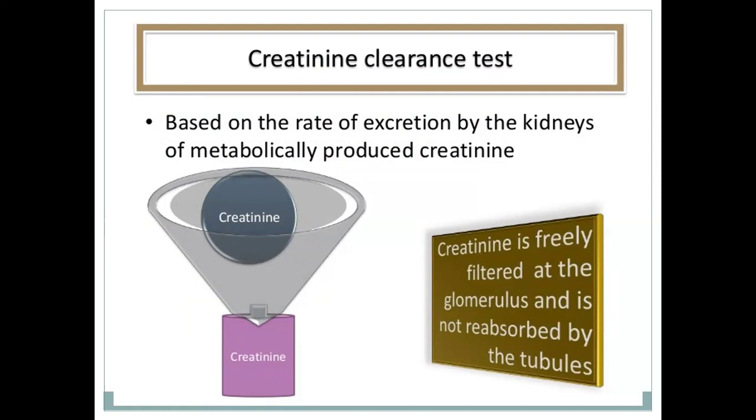The amount of blood that the kidney makes creatinine free each minute is called creatinine clearance. Creatinine clearance in a young person is about 125 ml or 120 ml per minute, meaning each minute that person's kidney clears about 120 or 125 ml of blood free of creatinine.